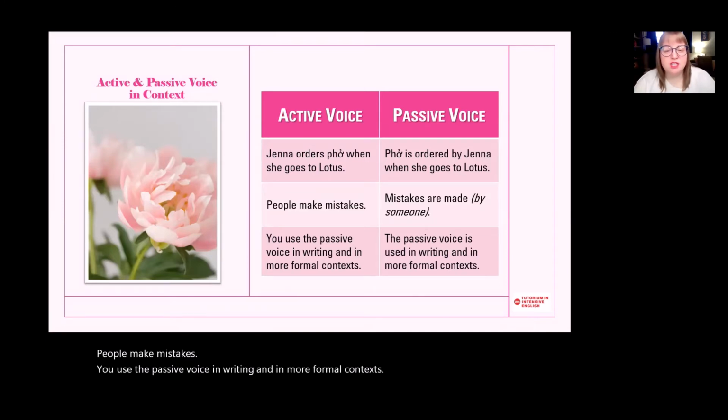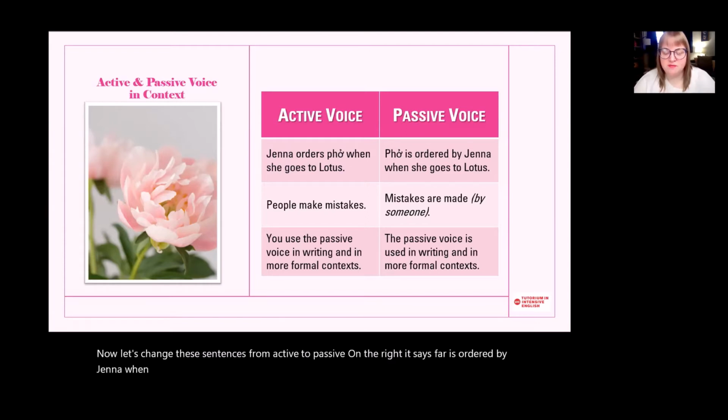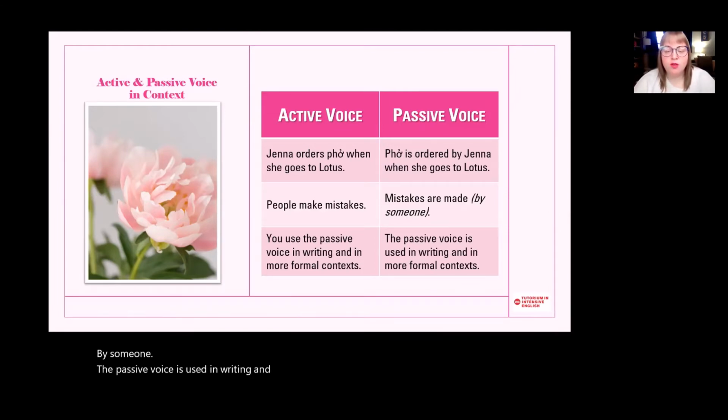Now, let's change these sentences from active to passive. On the right, it says, pho is ordered by Jenna when she goes to Lotus. Mistakes are made by someone. The passive voice is used in writing and in more formal contexts.